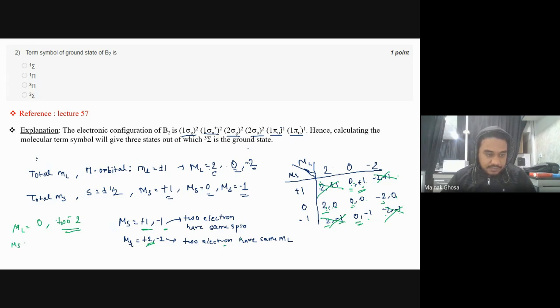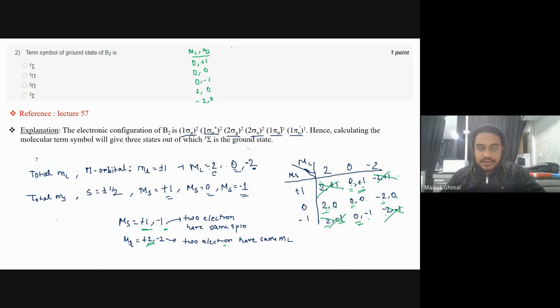So for clarification, now the combinations are ml comma ms. Combinations possible: 0 plus 1, 0 0, 0 minus 1, 2 0, minus 2 0. These five are possible.